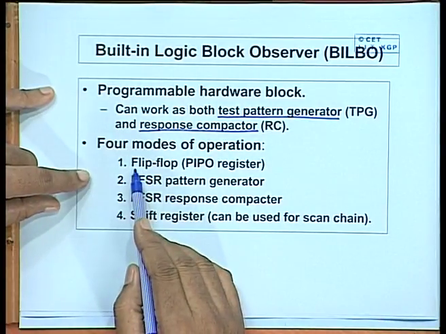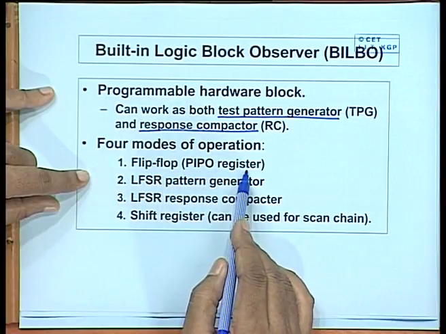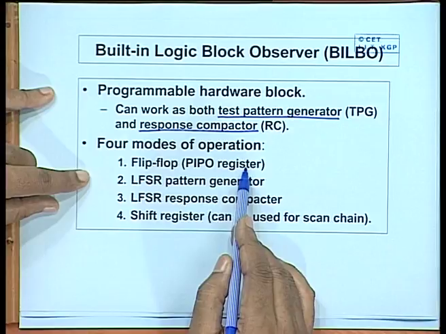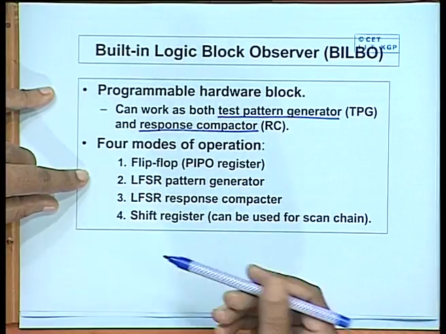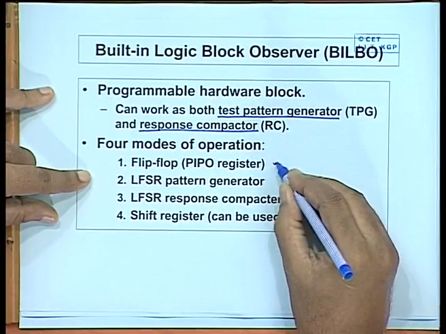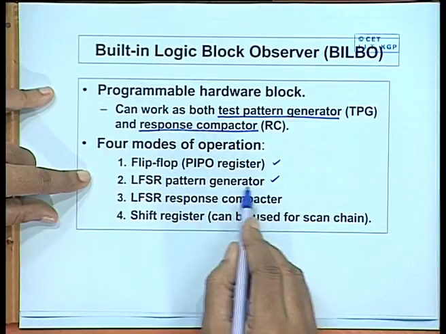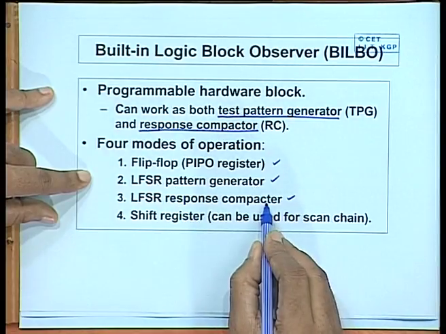One is a normal flip flop mode, a parallel in parallel out register. In this mode, the register can act as a normal register which is part of the circuit. In the second mode, it can act as a pattern generator, and in the third mode as a response compactor.